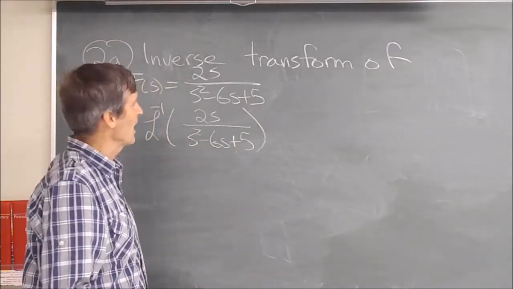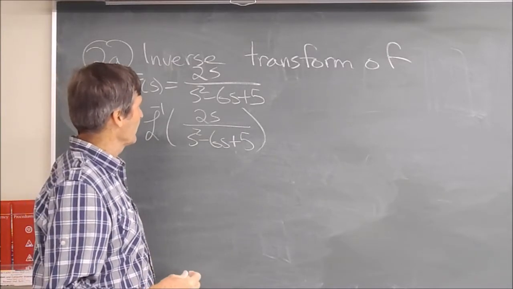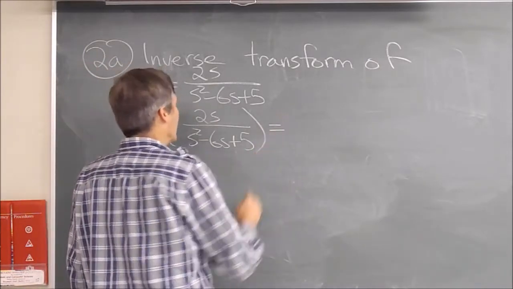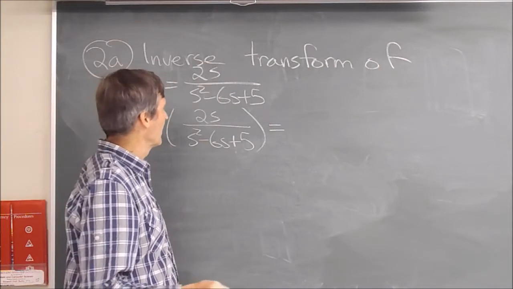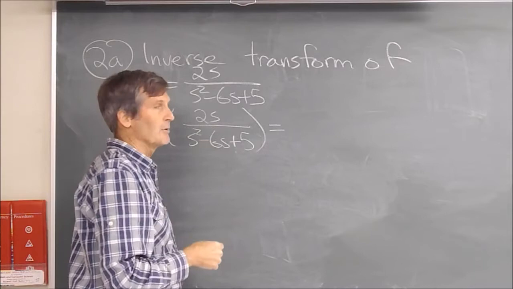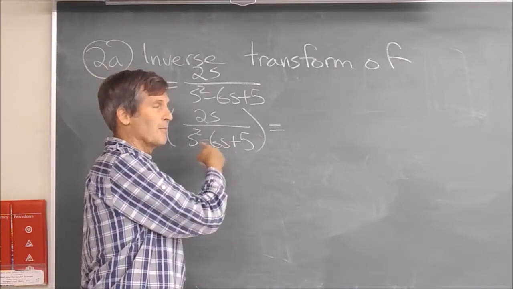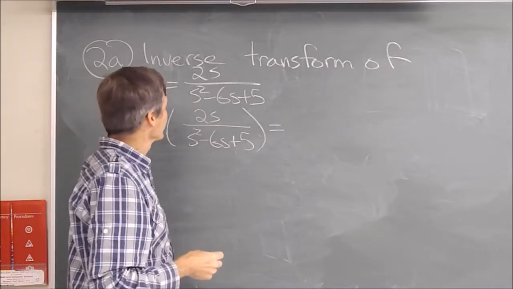You can look this up, or you can memorize the simple elementary transforms, and you can do it this way with partial fractions. Even if you do have the table, if you have a higher power denominator, you still need to do partial fractions. So this is a simple example of an important technique in case you have a higher power denominator.